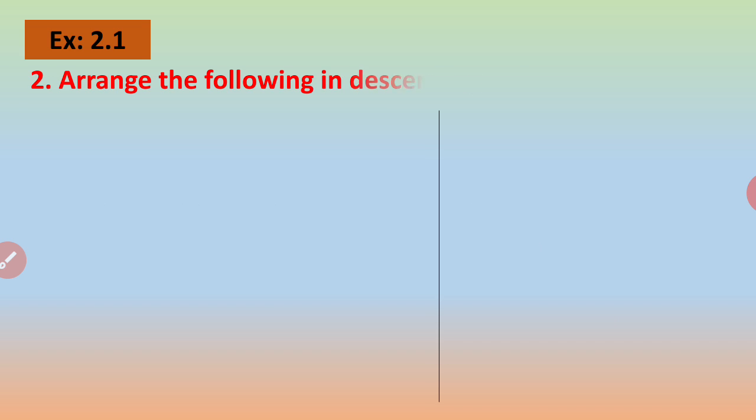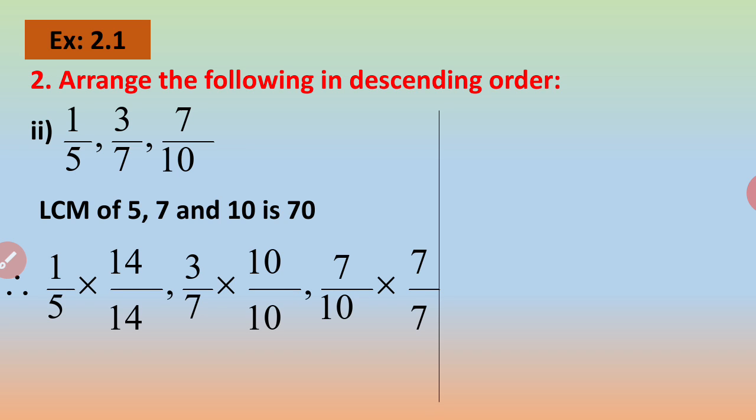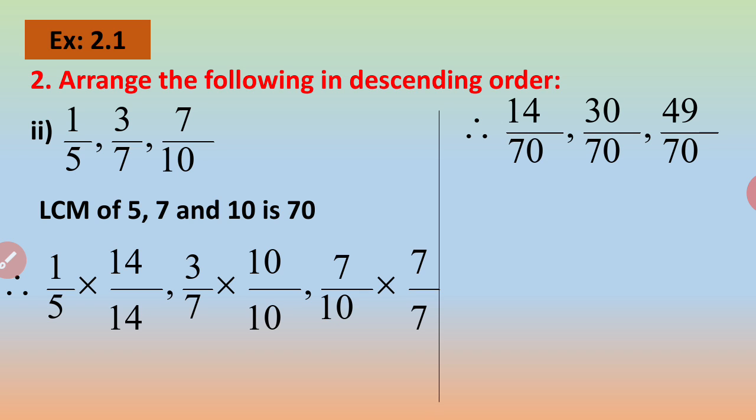Let's check out one more example. Again, you will see the denominators are not the same, so use the LCM method to make them the same. Here the LCM is 70. So do the corresponding multiplications in the numerator and denominator in such a way that you get the same denominator.